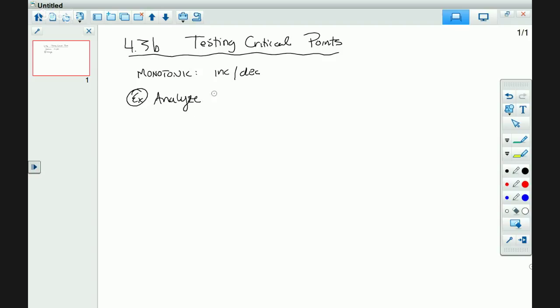Okay, analyze the critical points of the function x cubed minus 27x minus 20.